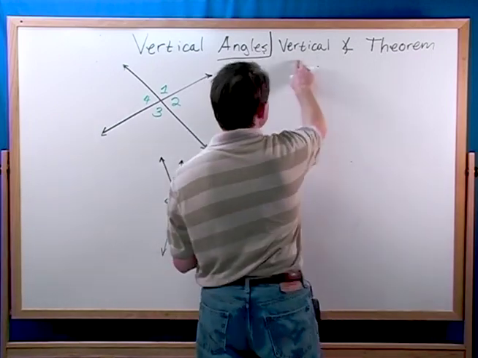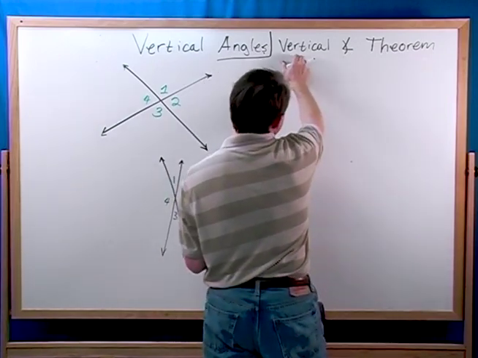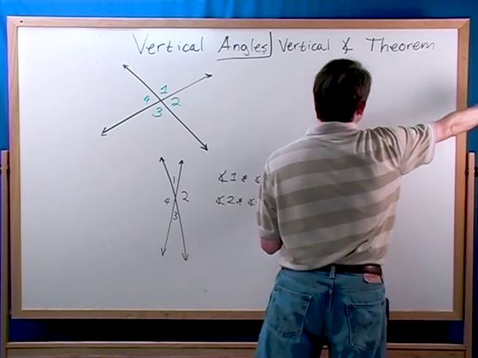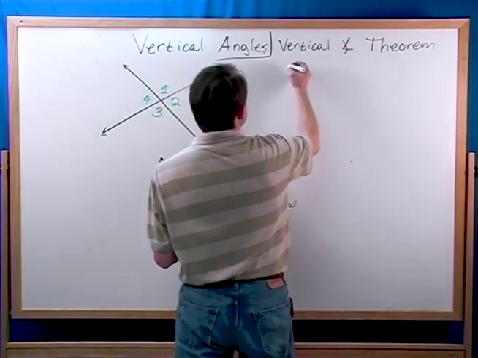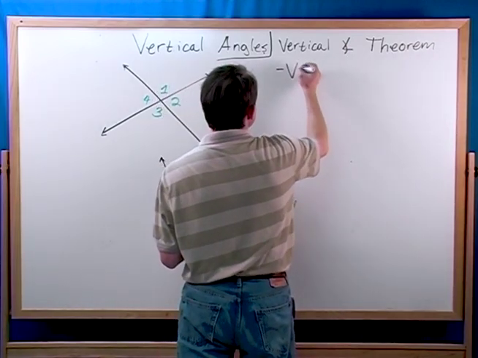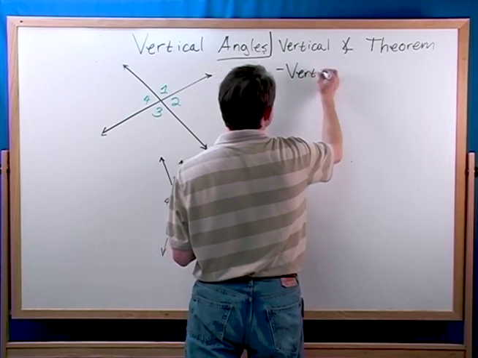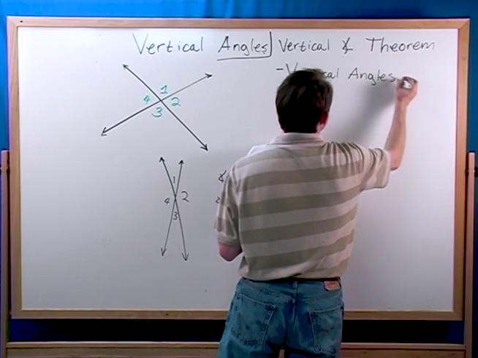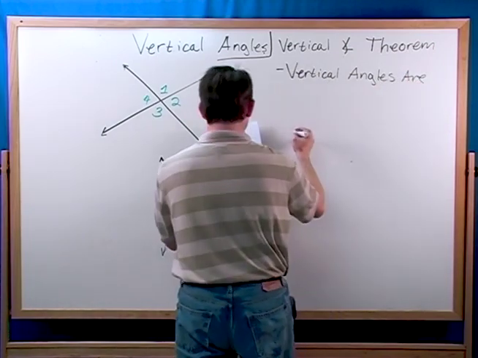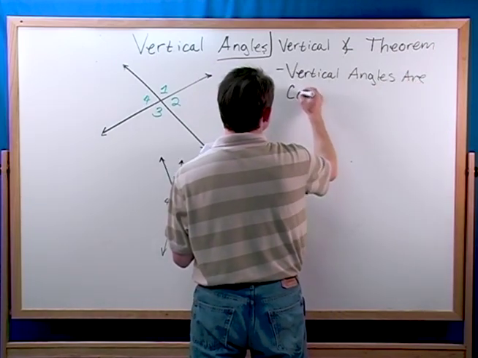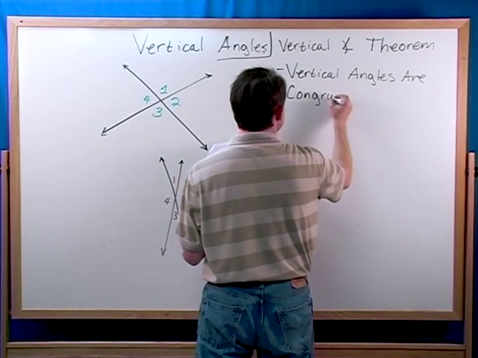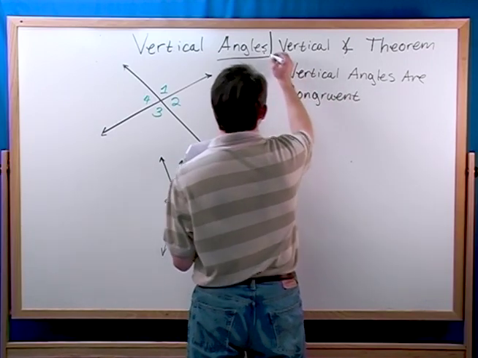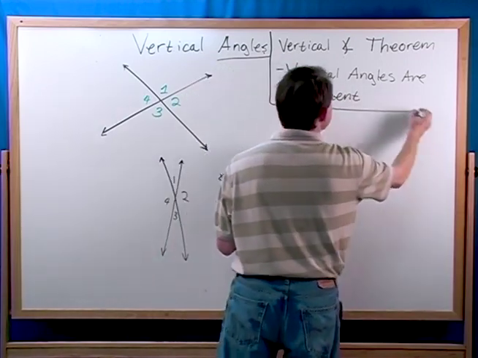Okay. So the vertical angle theorem, which just means the vertical angle thing which is true, is: vertical angles are, and we're going to use a new word, congruent. Okay, so let me circle this because this is an important theorem.